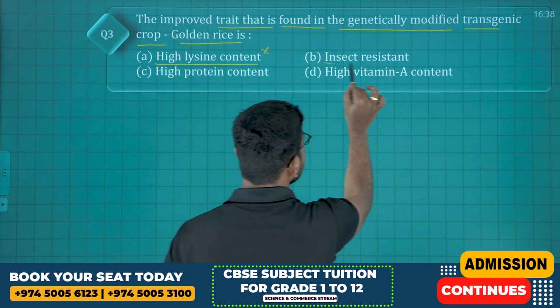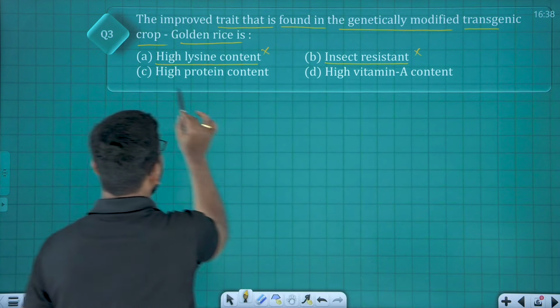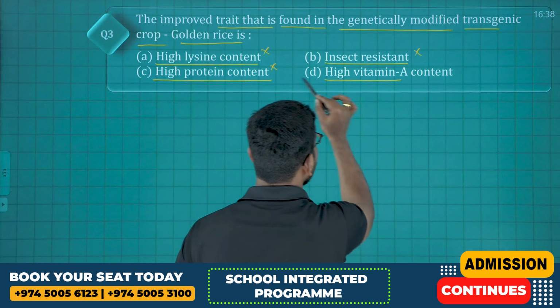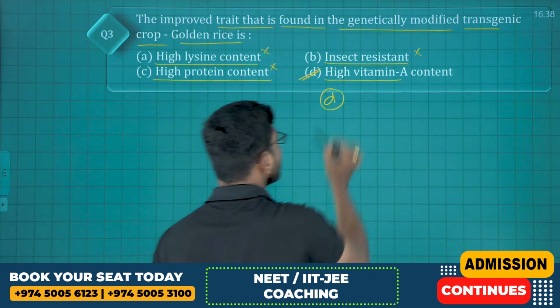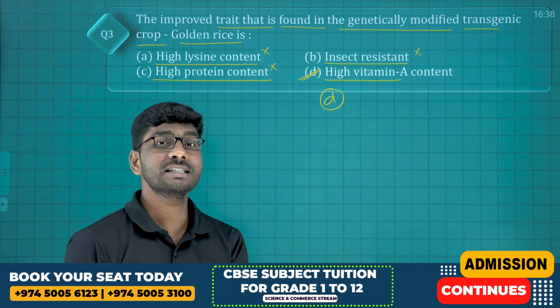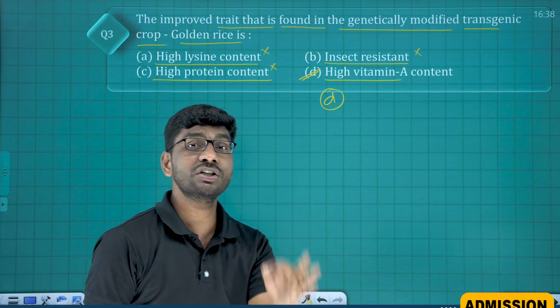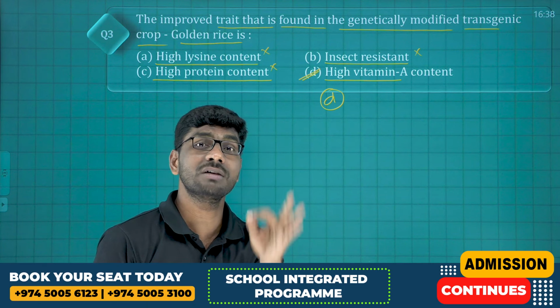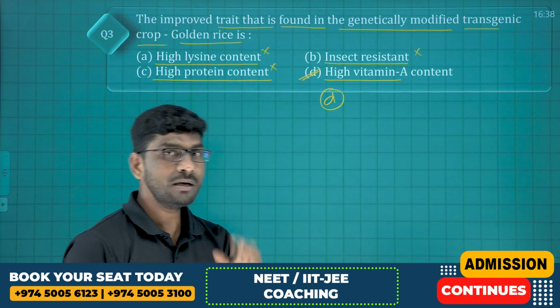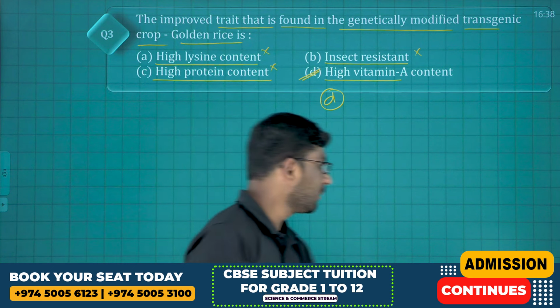No. Insect resistant? No. High protein content? No. High vitamin A content. Golden rice has high vitamin A content. Keep in your mind, golden rice is vitamin A rich rice. It is a transgenic, genetically modified rice to prevent night blindness type of problems. Next question.